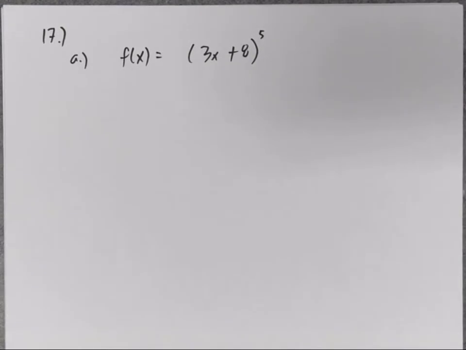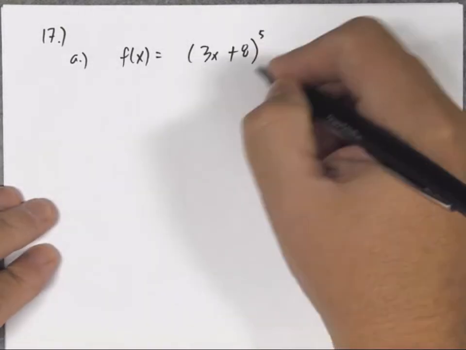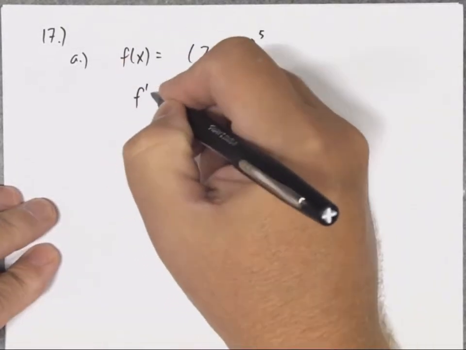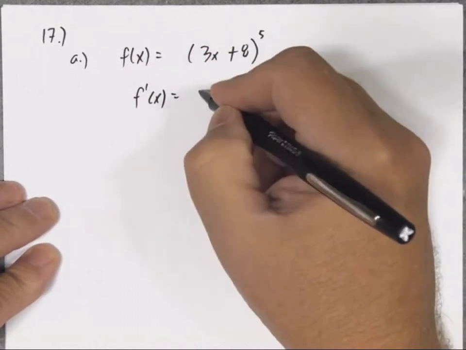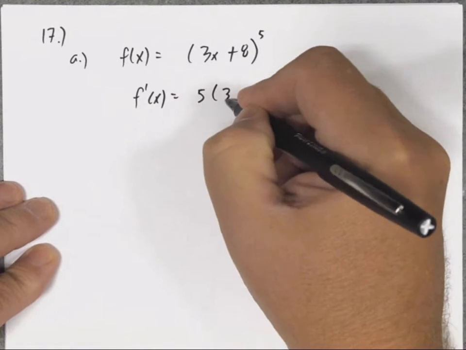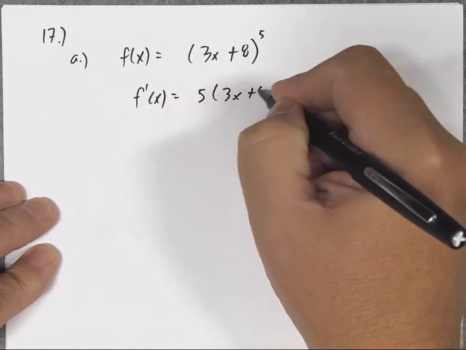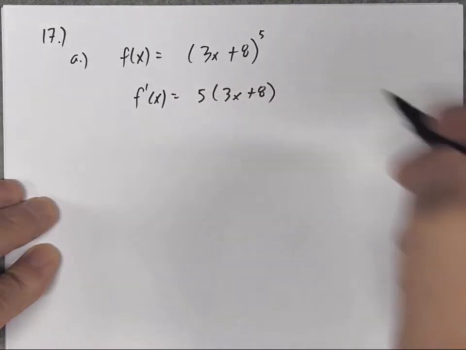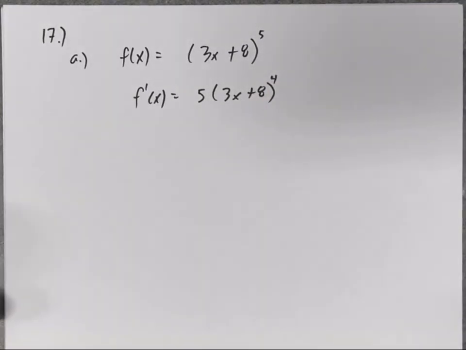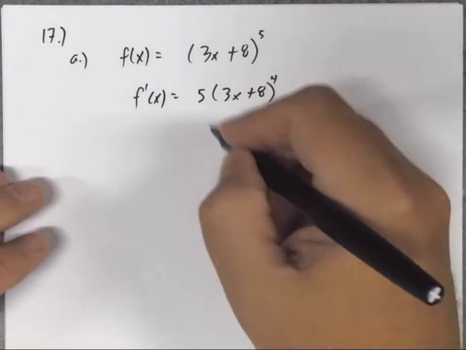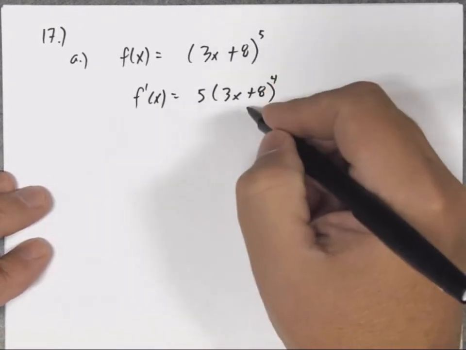Remember, the chain rule says you sort of perform the power rule on this whole parenthesis, so the 5 comes down. You simply copy or rewrite what's in the parenthesis, and then you subtract 1 from the exponent. So that's sort of like the power rule part of it.